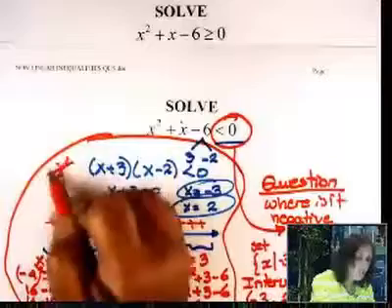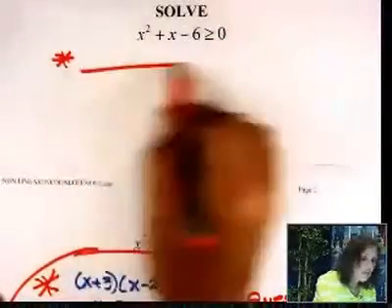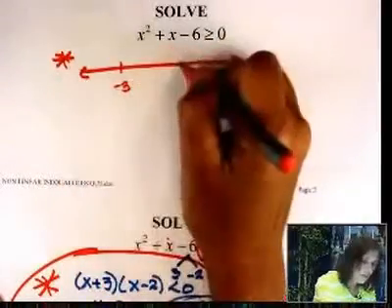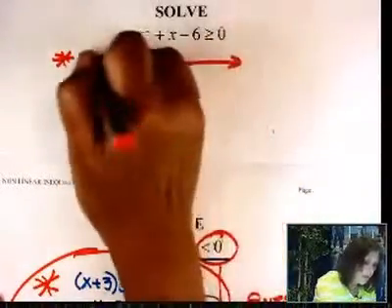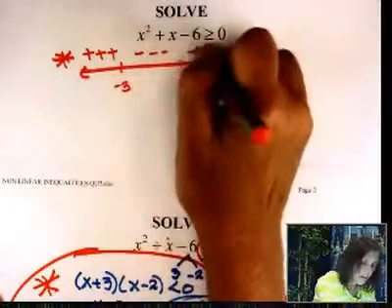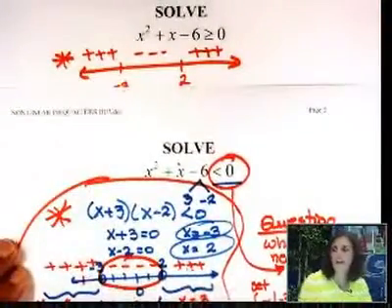Let's call that star. And the star gets you this: negative 3, 2, and I got positive here, negative here, positive here. Remember, from this page.